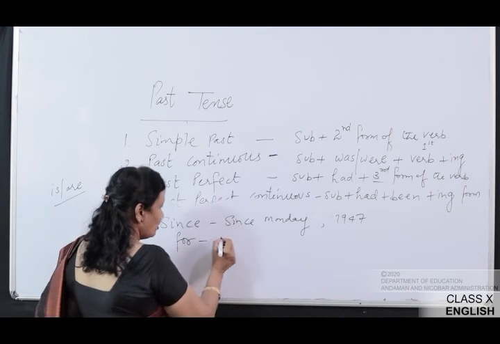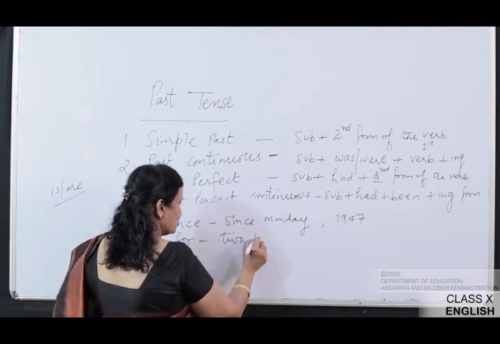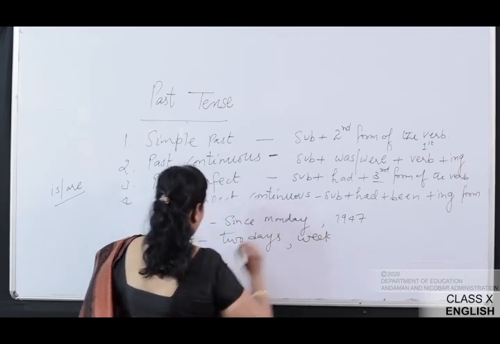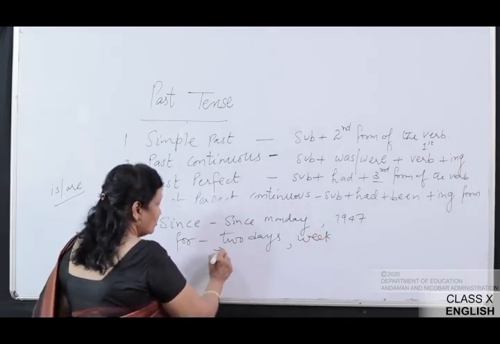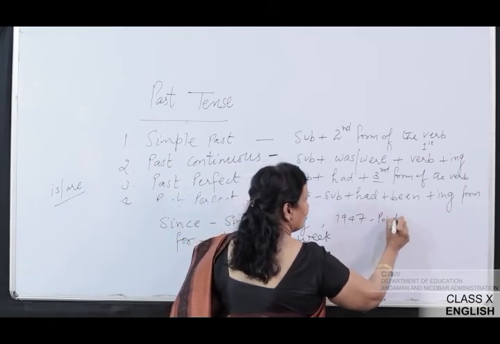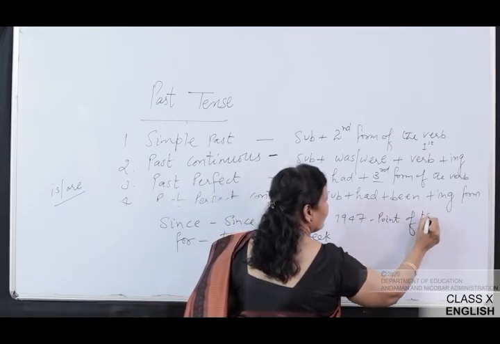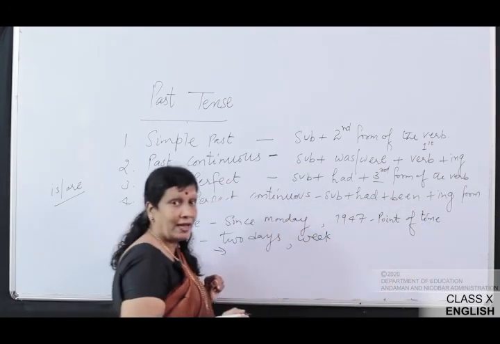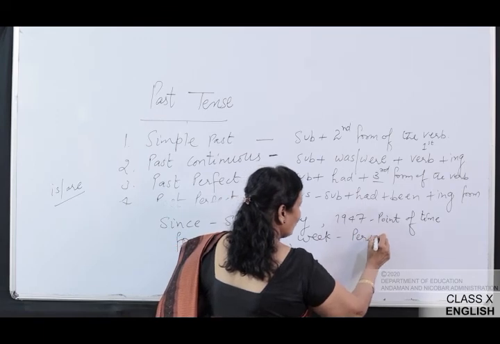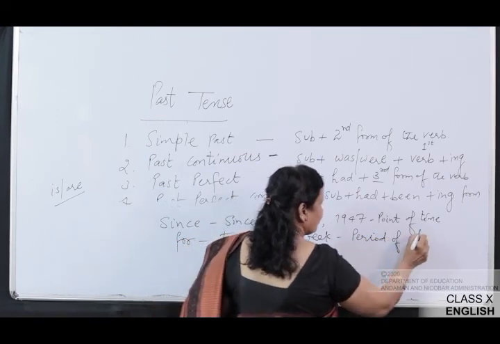Okay, and for, maybe you can say 2 days, for a week. So since is for a point of time and for is a period of time.